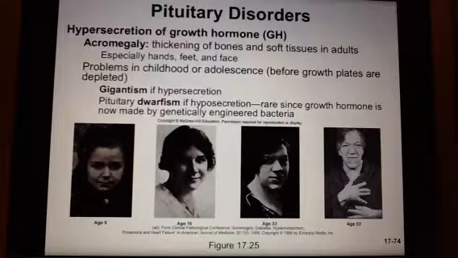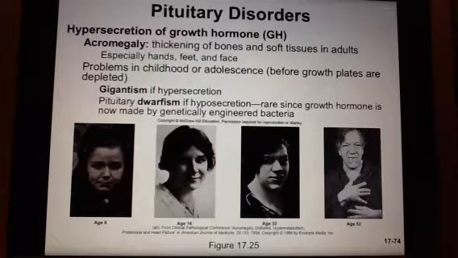So a hypersecretion of growth hormone can look different in different people or in different ways. But we could see this thickening of the bones and the soft tissues in adults. We could have problems in childhood before the growth plates are depleted. If it's a hypersecretion, it would be gigantism, and then dwarfism if it was a hyposecretion.